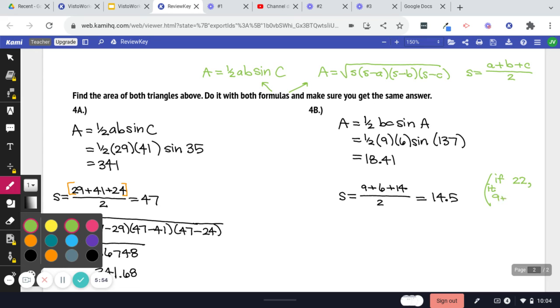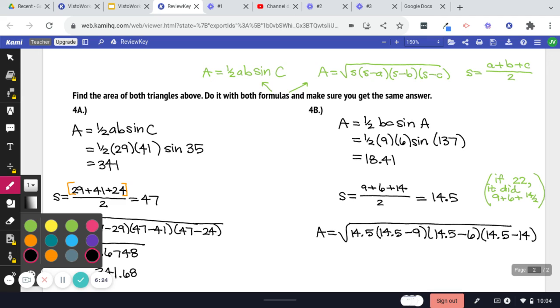It did 9 plus 6 plus 14 over 2, so you might want to look at what you plugged in. Anyway, back in action. We've got our area, we've got our giant square root. We've got 14.5 minus 9, 14.5 minus 6, 14.5 minus 14. And so we're taking the square root of that.